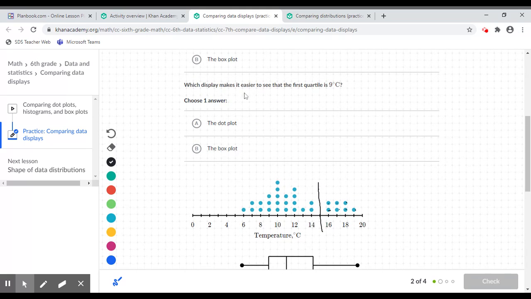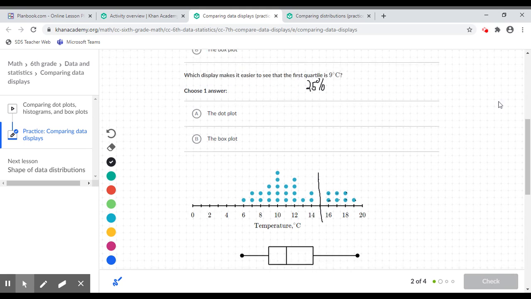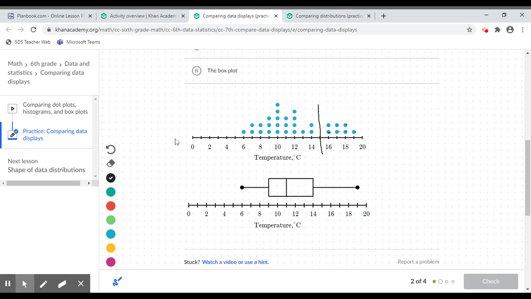For example, which display makes it easier to see that the first quartile, or the first 25%, that's what that means, is 9 degrees Celsius? Okay, we could do that on the dot plot. We could count how many dots there are, 1, 2, 3, 4, 5, 6, and then cut it in quarters. We could say the first half of it's probably somewhere around here.